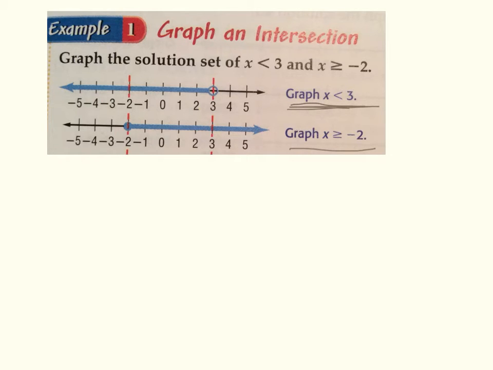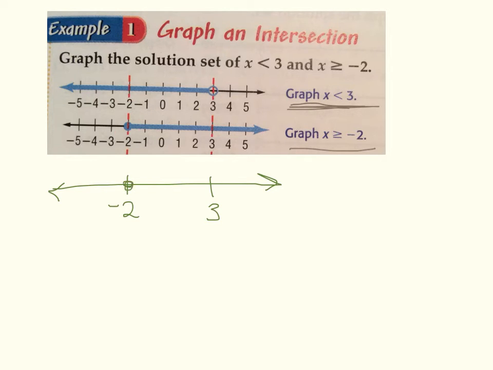Okay, our next step now will be to draw where both of these are true. Basically where these two graphs overlap. So if I were to write another one here, I would have -2 and 3, okay, and the place where they overlap would be between -2 and 3.